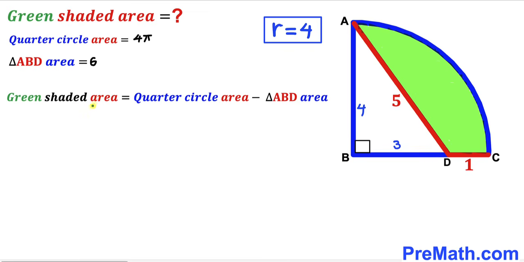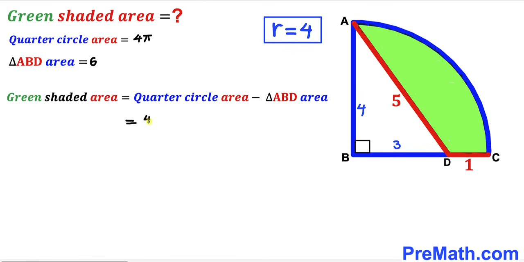And here's our final step. Let's recall this equation once again. The green shaded region area equals the quarter circle area minus the area of the right triangle ABD. And we already figured out our quarter circle area is 4 pi and the triangle ABD area is 6. Let's go ahead and fill in the blanks in this equation.